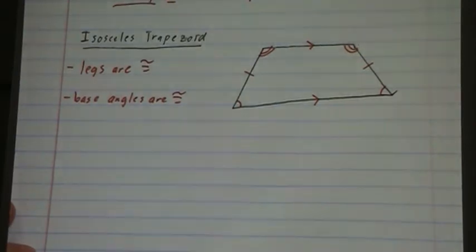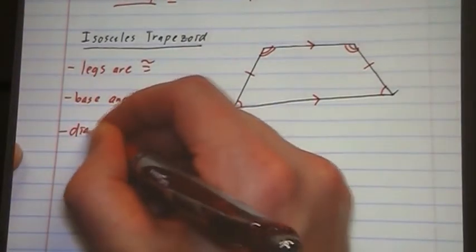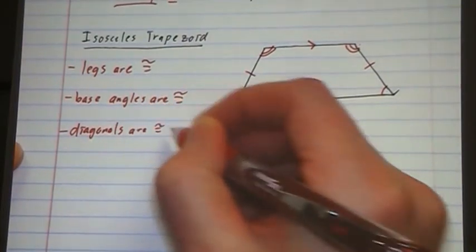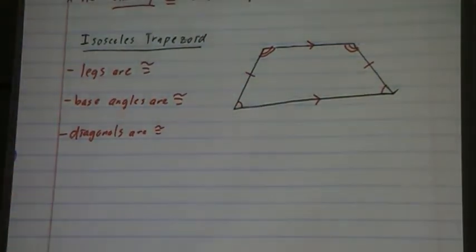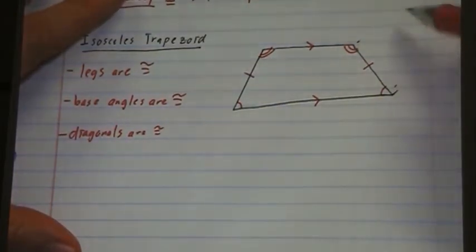And then last but not least, diagonals are congruent with an isosceles trapezoid. One other thing to note is these two angles are supplementary.